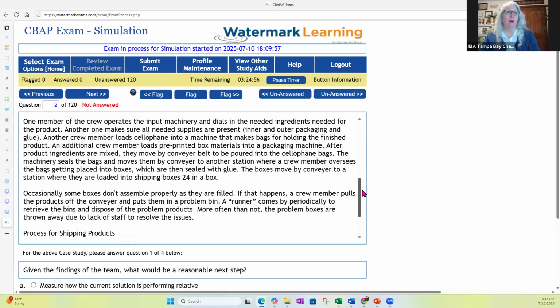One member of the crew operates the input machinery and dials in the needed ingredients for the product. Another makes sure all the needed supplies are present, inner and outer packaging and glue. Another crew member loads the cellophane into a machine that makes bags for holding the finished product. In addition, a crew member loads the pre-printed box materials into a packaging machine.